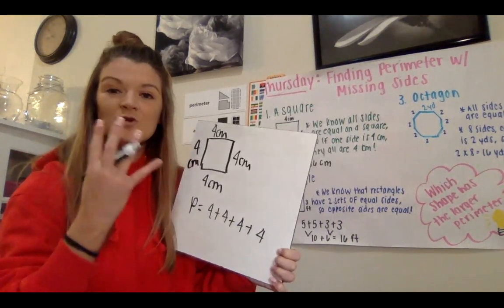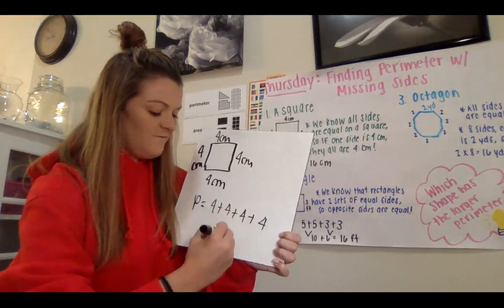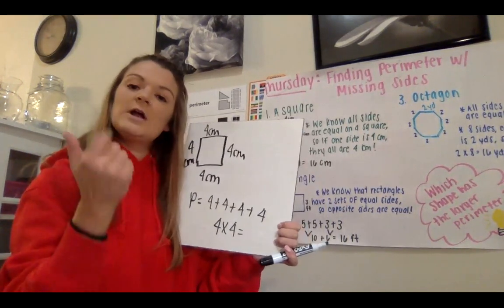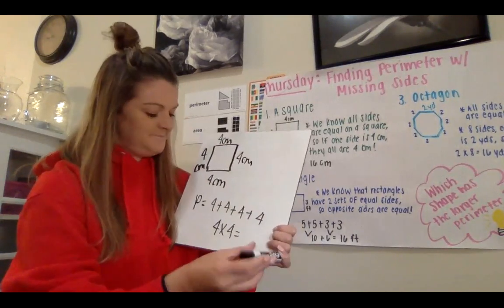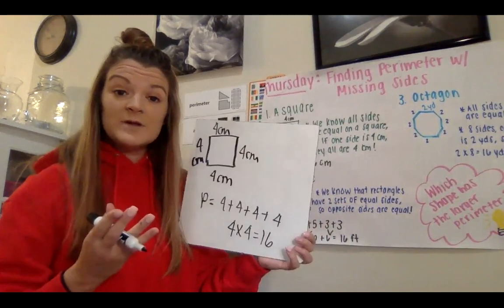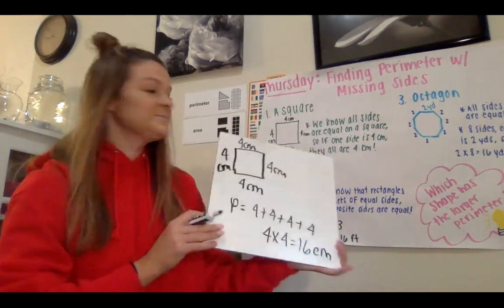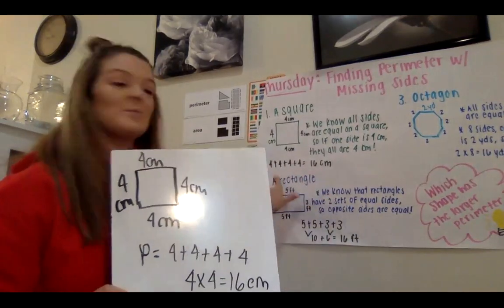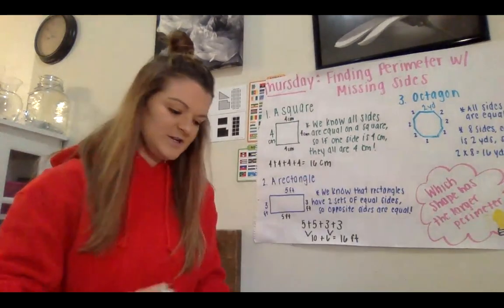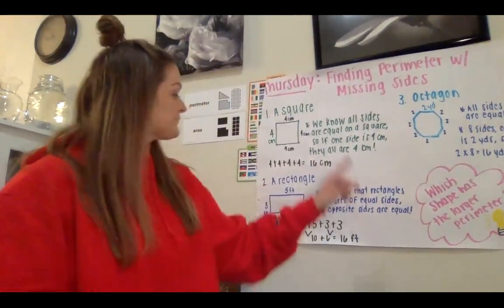I have 4 groups of 4, or 4 4s, which means I could also just write 4 times 4. And I know that's 4, 8, 12, 16. Don't want to leave it just as 16. I always want to label my units. So 16 centimeters. So up on my chart, I went ahead and wrote the perimeter of our square is 16 centimeters.